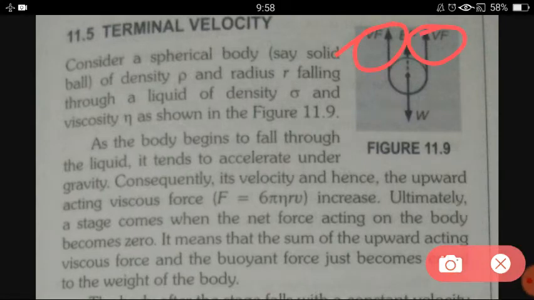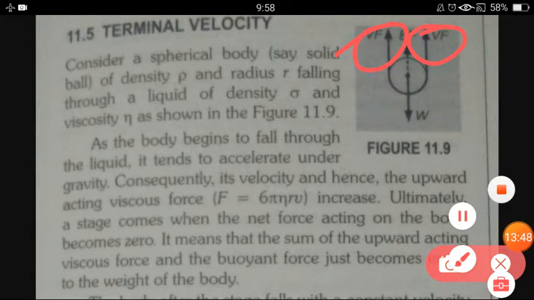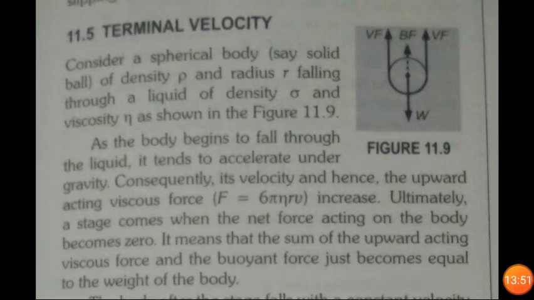So basically, when the spherical body is falling in liquid, one force, the weight of the body, is working in the downward direction, and two forces, buoyant force and viscous force, are both working in the upward direction.